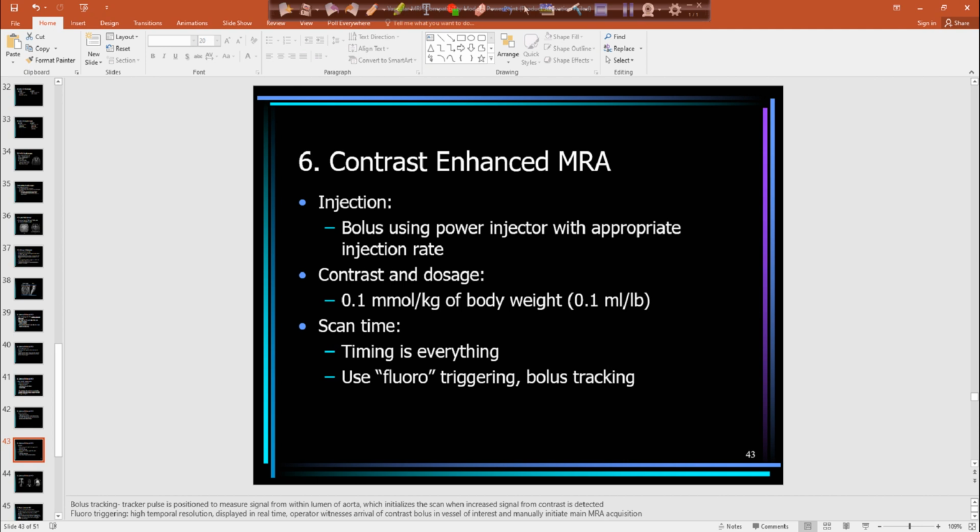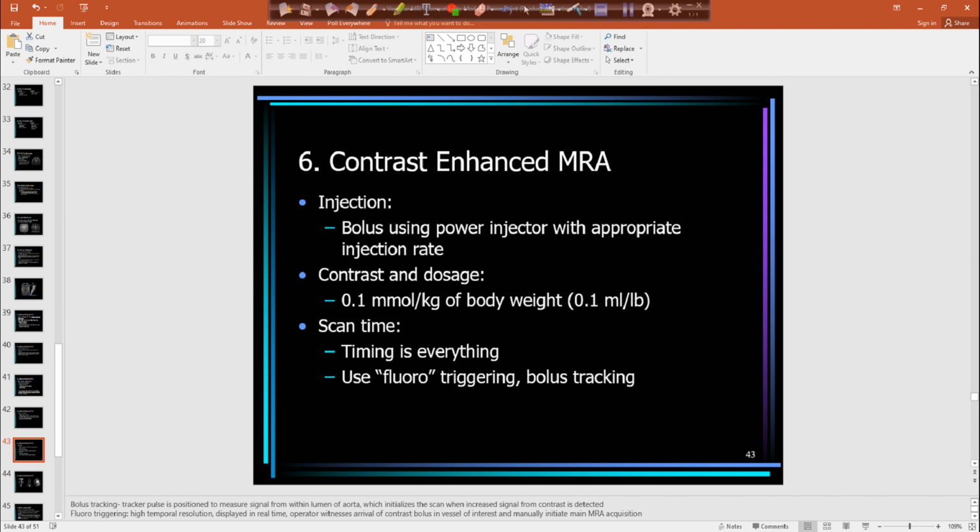So we're hooking them up to our power injector. You're setting your rate. What is a normal rate for an abdomen? What do you think? How many cc's per second? What do you guys usually set it at? And it's the same for the brain if you happen to do a brain too. 3 to 5, 4 or 5, normal abdomen.